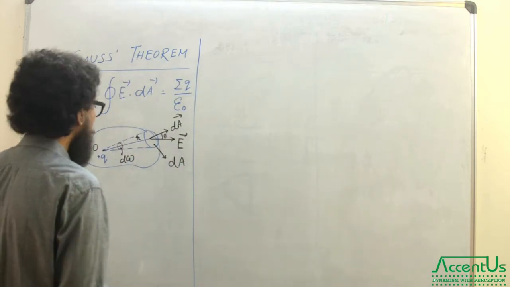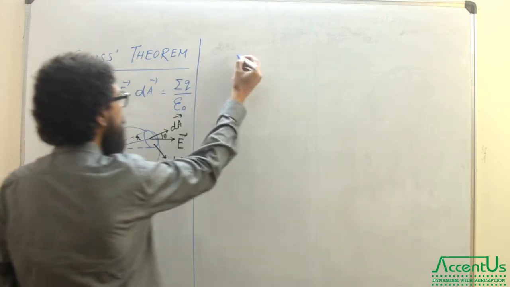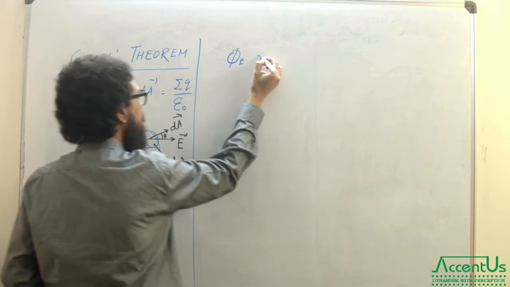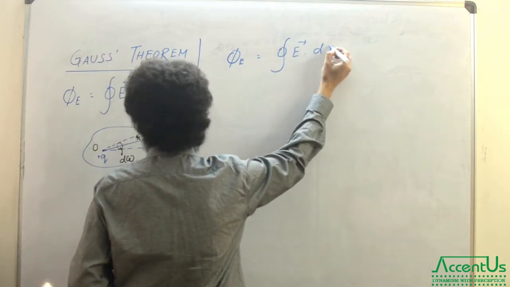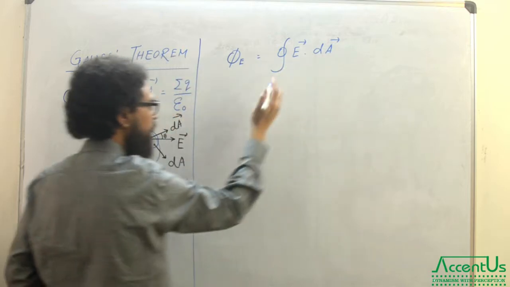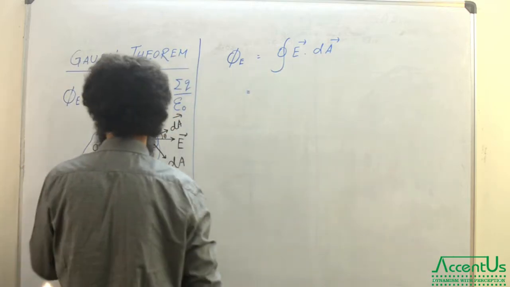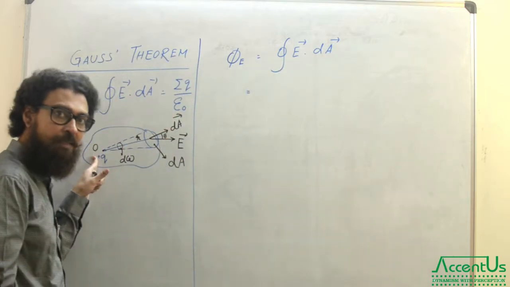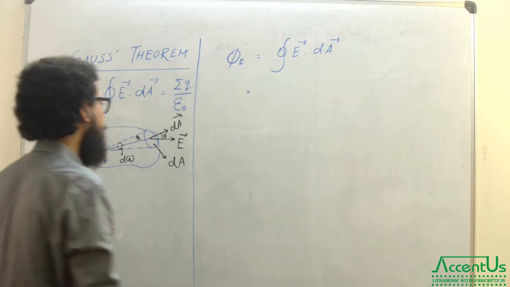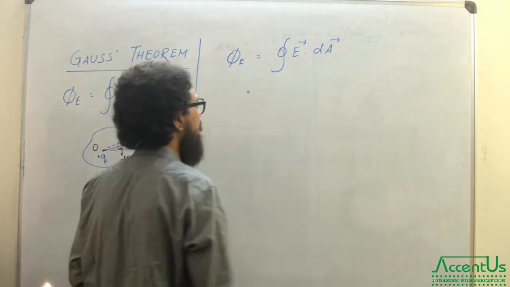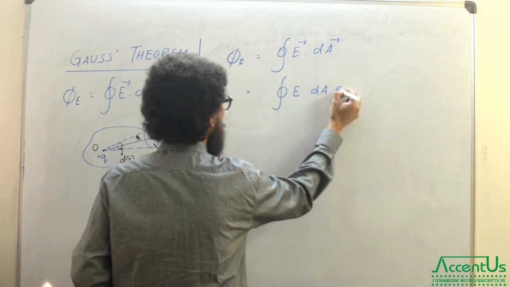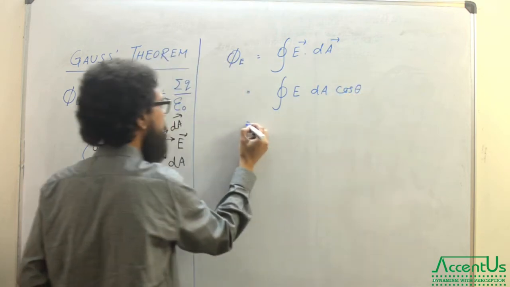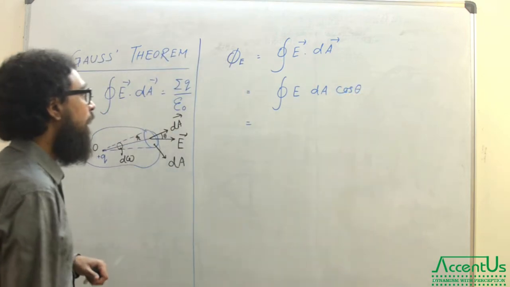Basically, phi E, we have to derive the expression through this one only. So what is the electric field? It is a point charge. Try to understand, it is a point charge. So first of all, E dA cos theta is the expression if we expand this dot product.